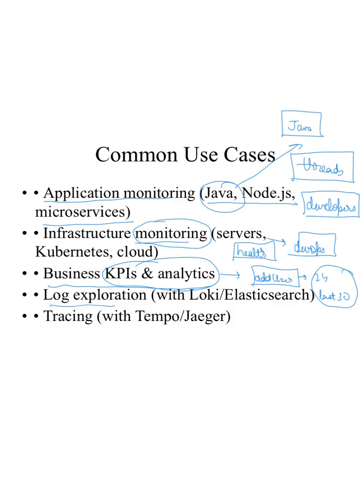Also, you can do log exploration to check what the issues in your system are, and it is usually done through Loki and Elasticsearch. You can do tracing also, and Tempo is used for that. By tracing, what I mean is, let's say you have a microservice architecture, right? And these are the services. S1 is calling S2, S2 is calling S3, S3 is calling S4.